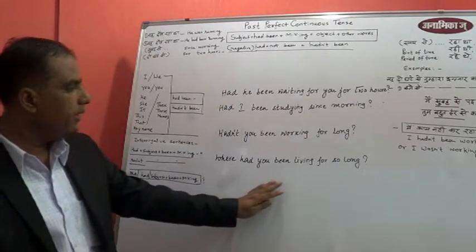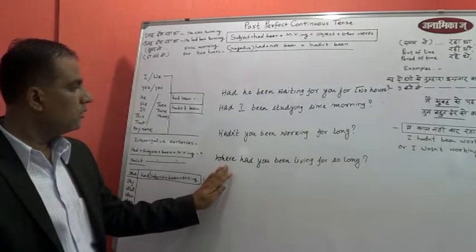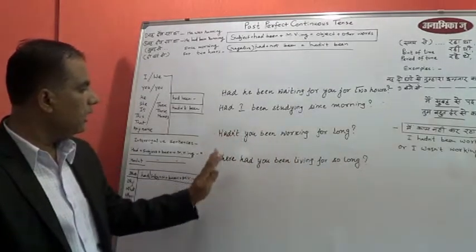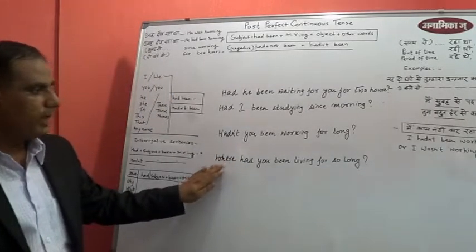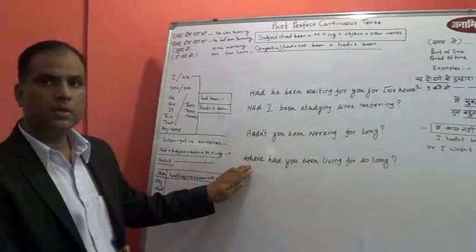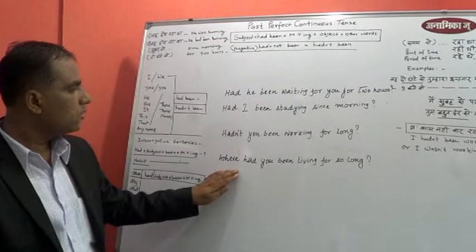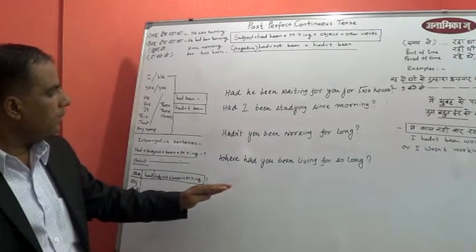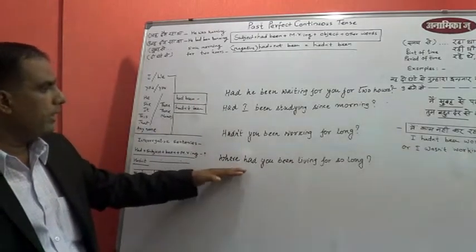Where had you been living for so long? तुम इतने लंबे समय से कहां रह रहे थे? So because of this where, again the information is required from the person who is being asked this question. So this is how we can make yes no as well as WH questions.